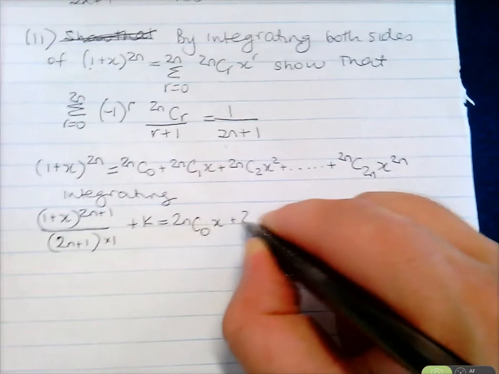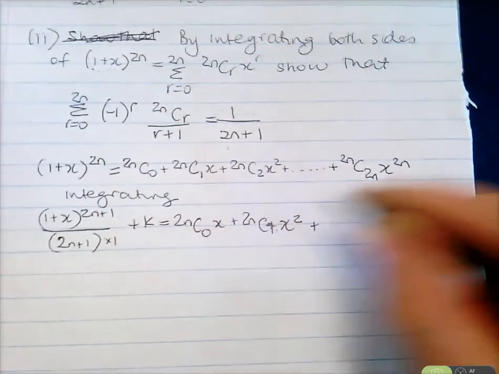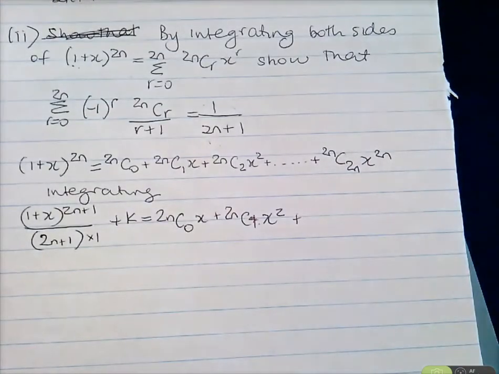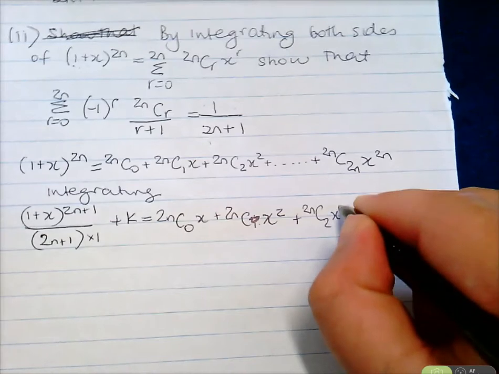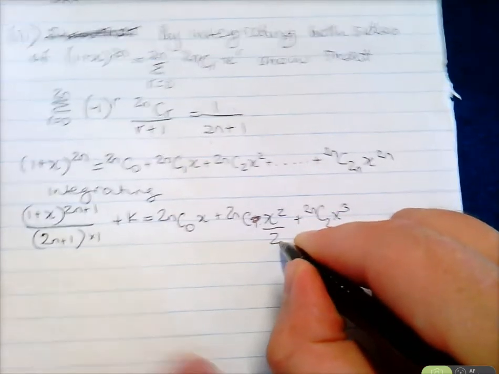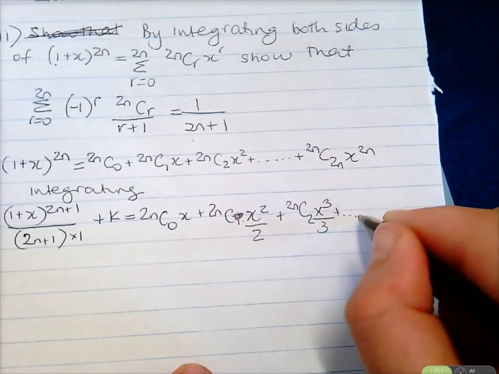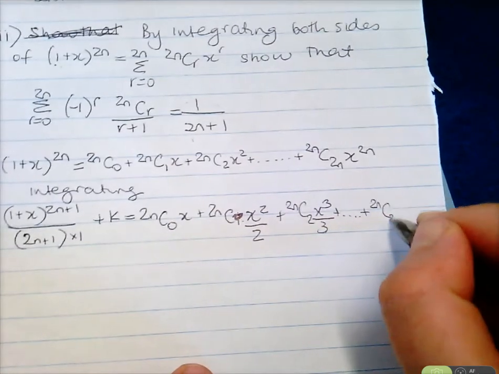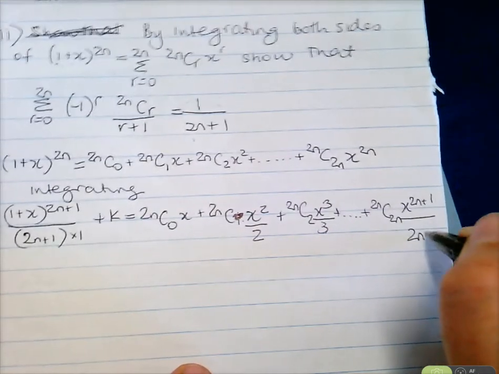2nC0 x plus 2nC1 x squared, sorry, that should be a little one. Plus 2nC2, isn't that x squared on 2? 2nC2 x cubed on 3, all the way up to 2nC2n x to the 2n plus 1 over 2n plus 1.